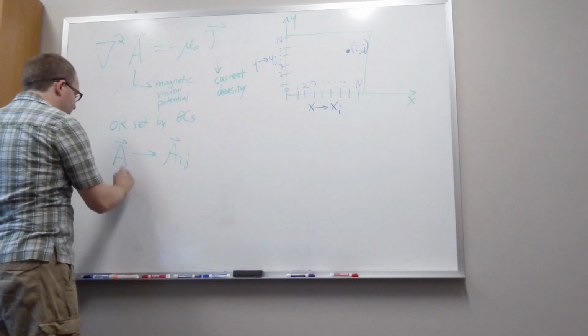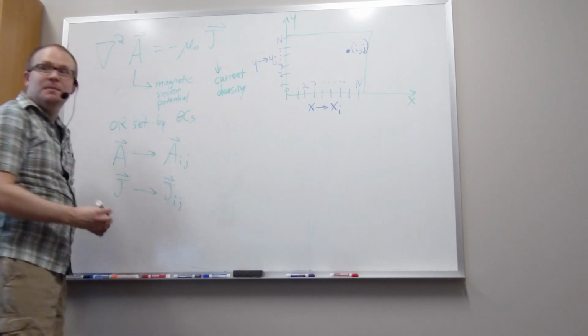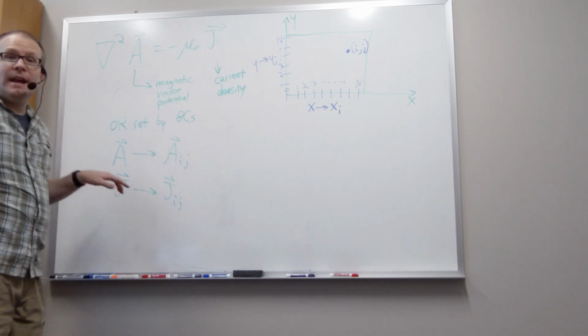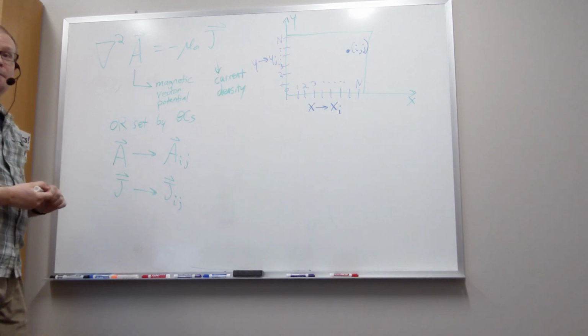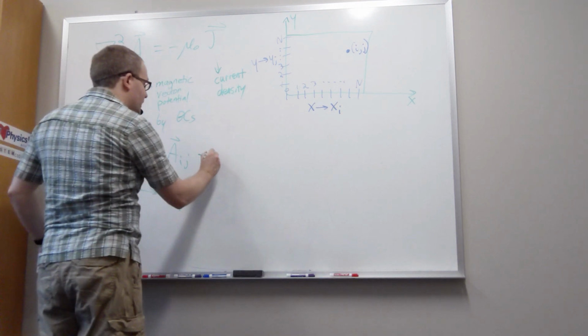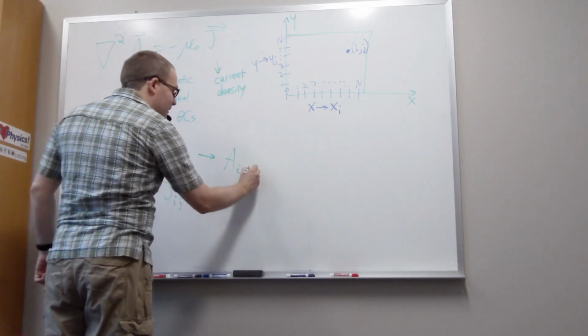Same thing with the current density J. This becomes capital J subscript i subscript j. And of course, these are vector quantities, so they have x, y, and z components. So you can think of this as really being a 3-index thing. You can think of it as being A at point ij with the kth component.